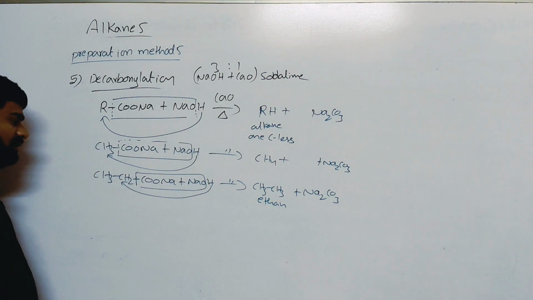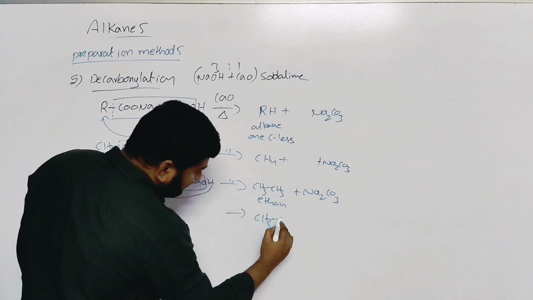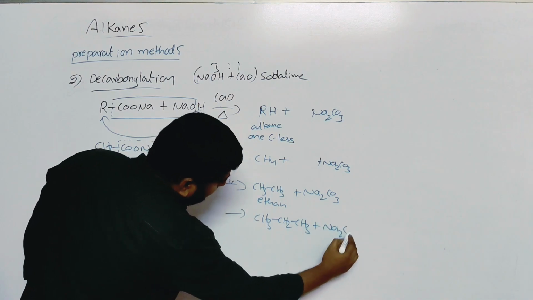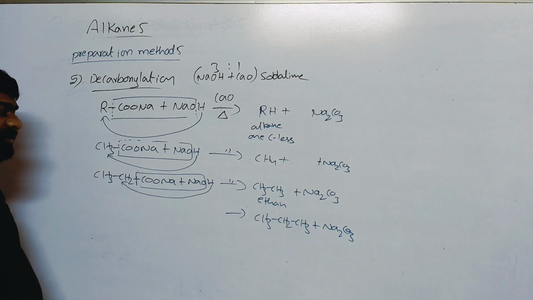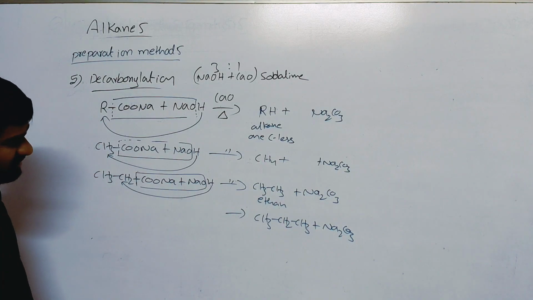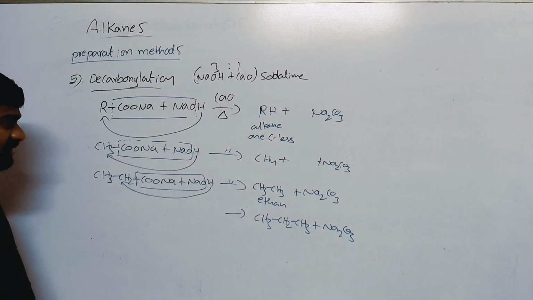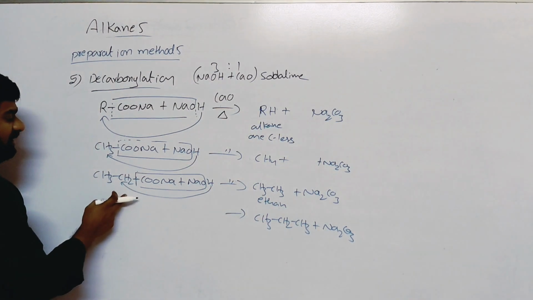Sometimes they give, for suppose, propane, CH3CH2CH3, and ask a question: in the decarboxylation reaction, propane came, what is the starting salt? Here the 2 carbon containing alkane came means 3 carbon containing acidic salt.